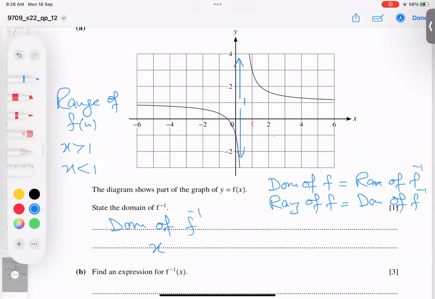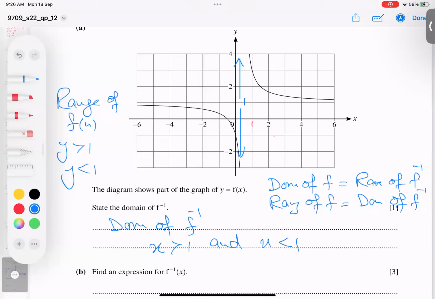Domain stands for x, that is why I'm writing x. For the range I should write y, but when you convert range into domain, I must replace y by x. So x is bigger than 1, and x is less than 1.